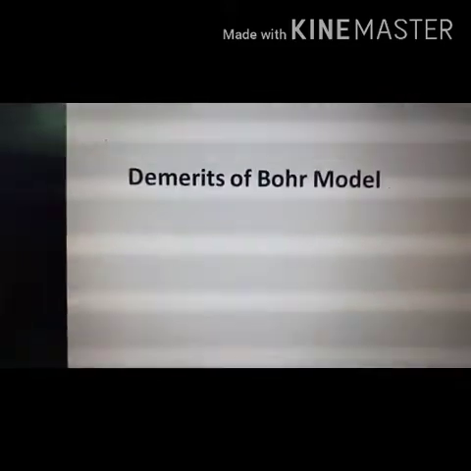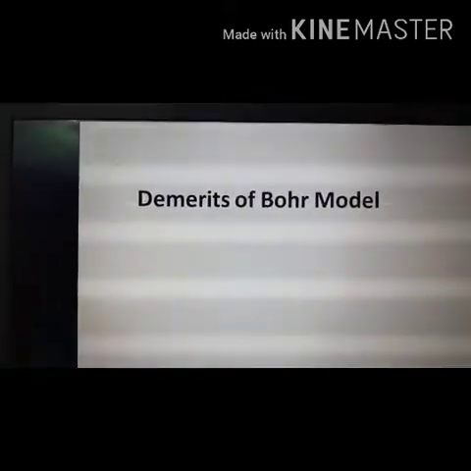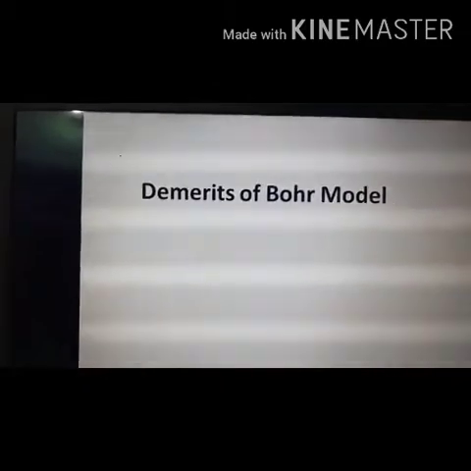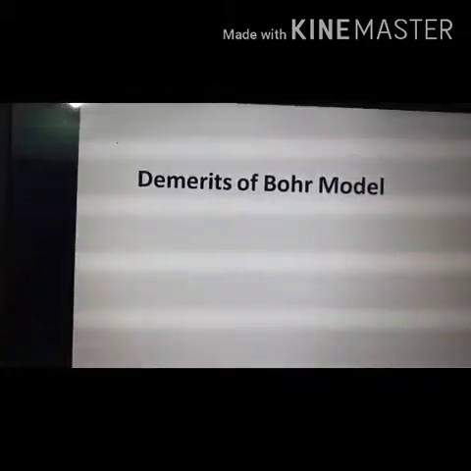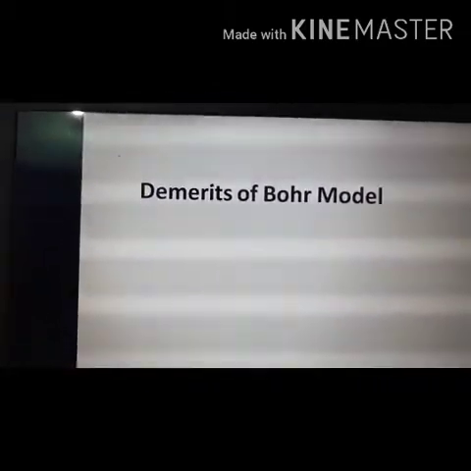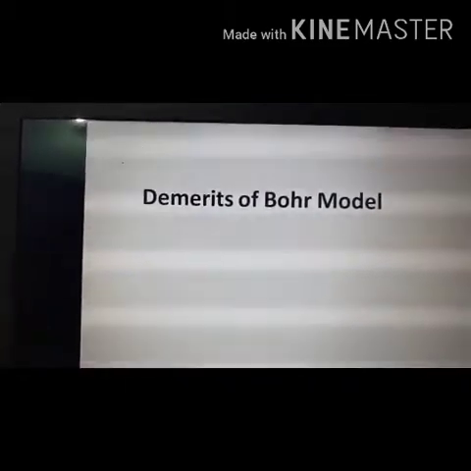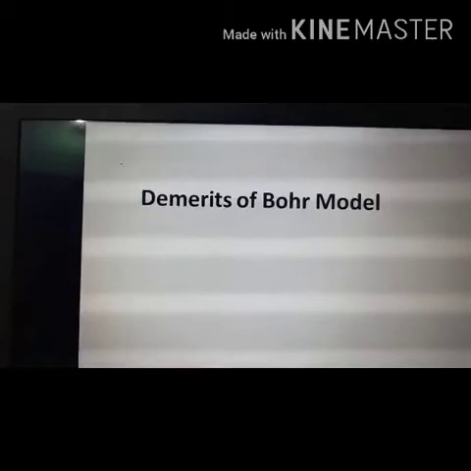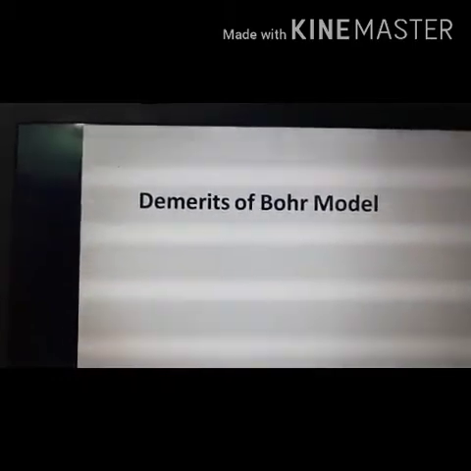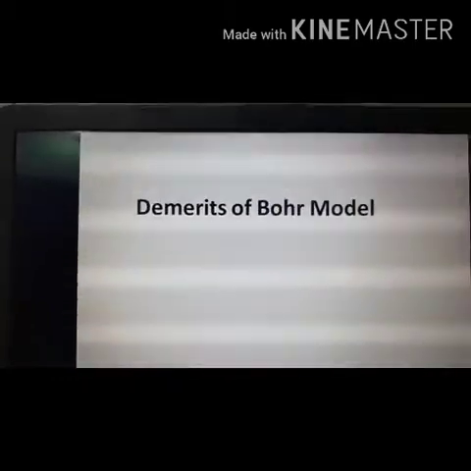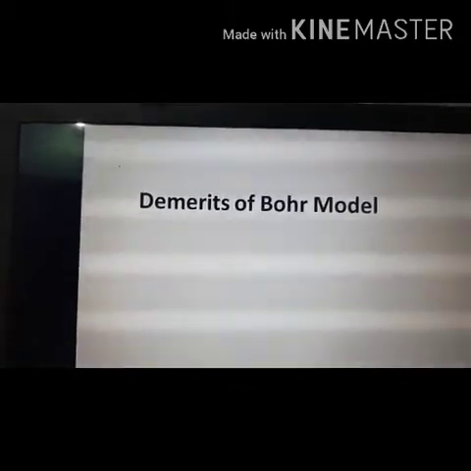Then the second demerit is that the Bohr model could not explain the line spectrum of atoms containing more than one electron, that I have said for the multi-electron system. And Bohr's model of an atom could not account for the finer details of the hydrogen spectrum observed using sophisticated techniques.